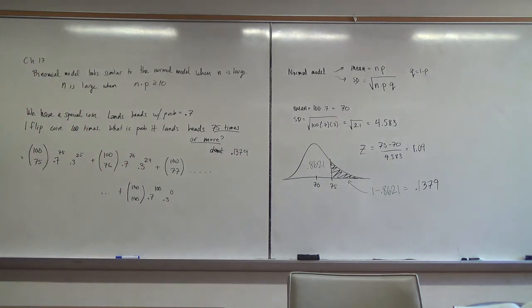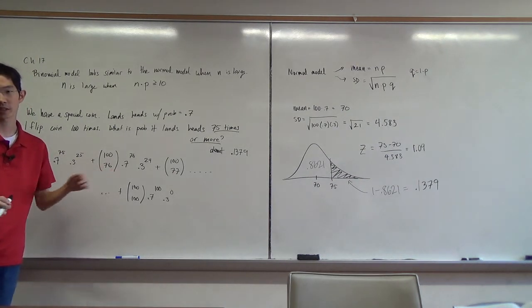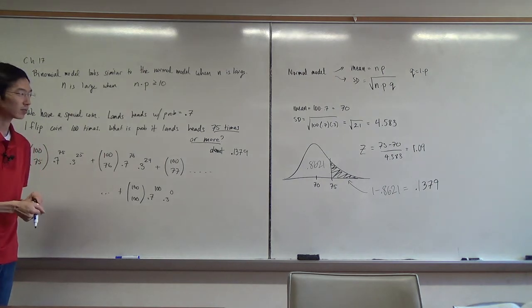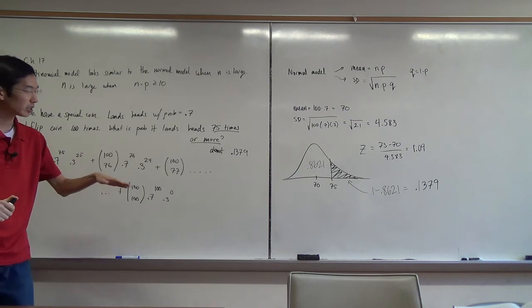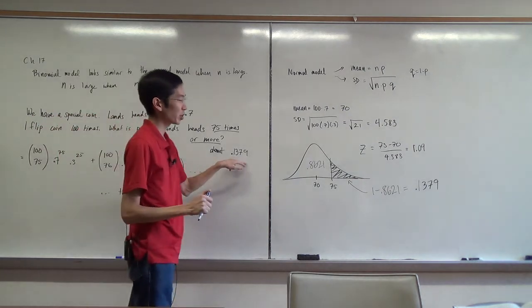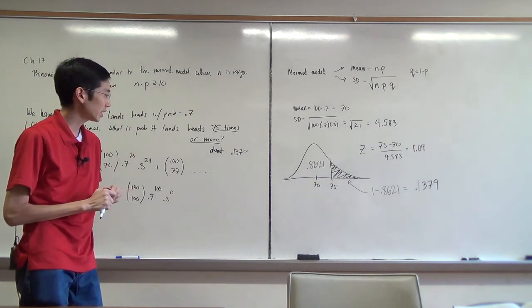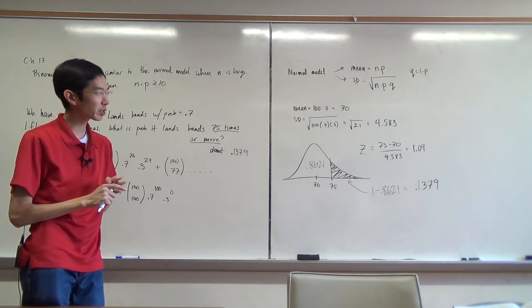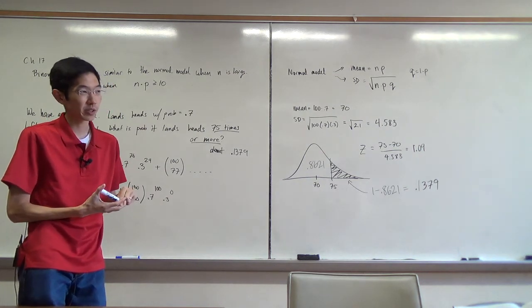We do run into a little bit of a problem, but it's not that big of a deal. When you do this calculation, the answer is going to be a little bit off because this is an approximation. And the other problem is that the normal model is continuous.